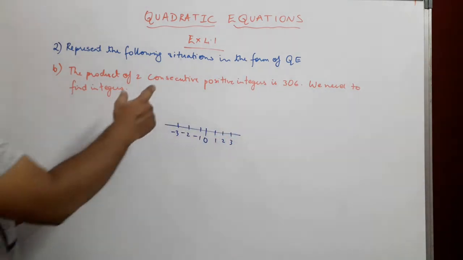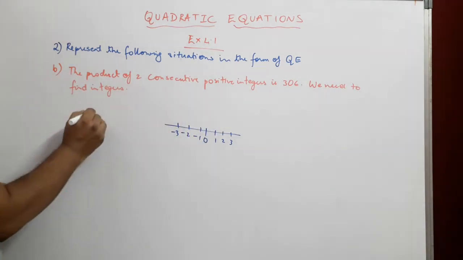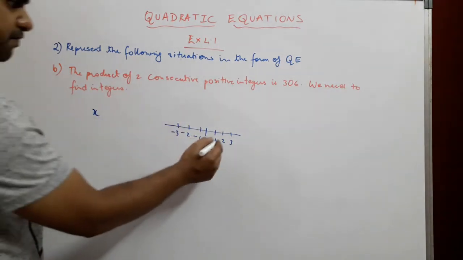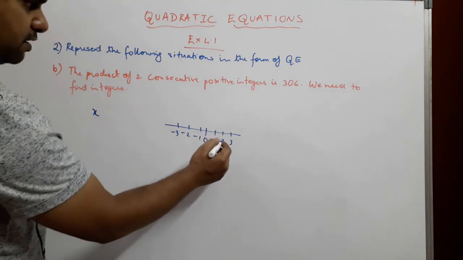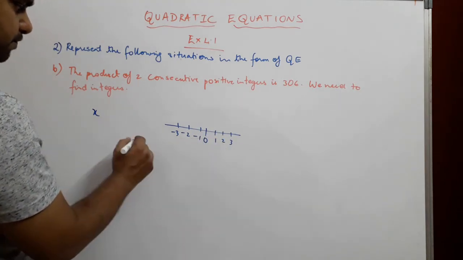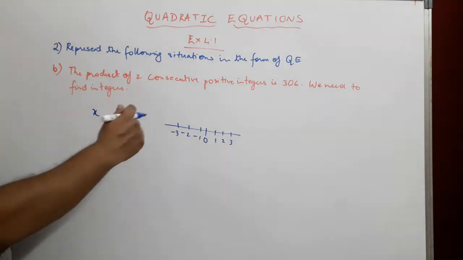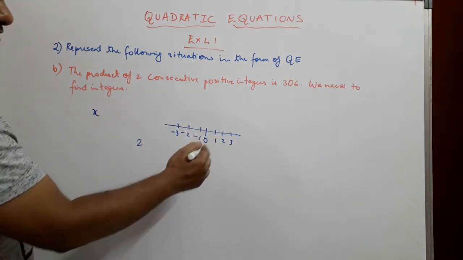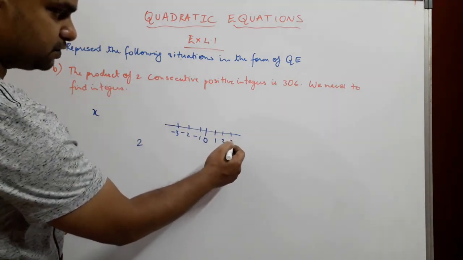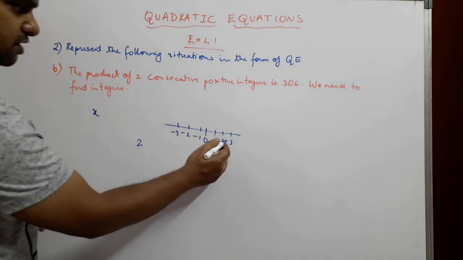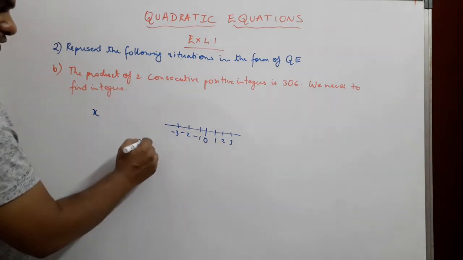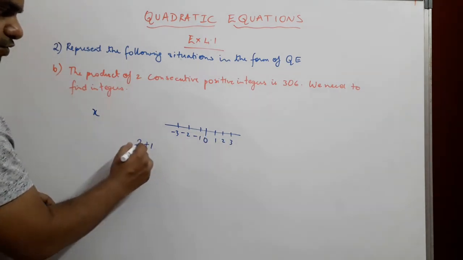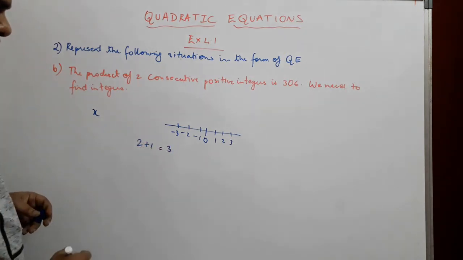So if we assume one of the positive integers is x, what will be the other one? Let's take one of the positive integers as 2. Consecutive means one after another. So the number after this 2 is 3. What is the difference between 2 and 3? Just 1. So if you add 1 to 2, you will get 3.